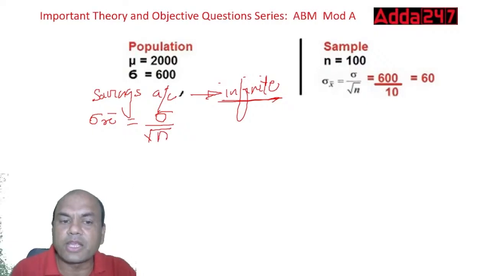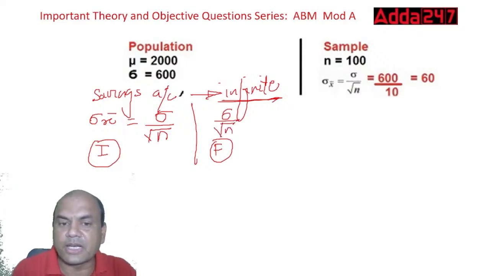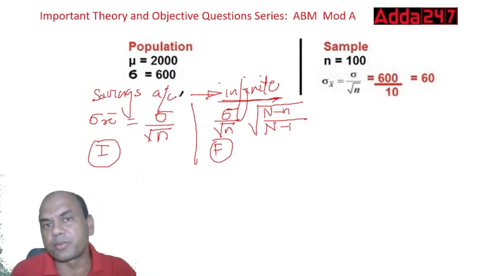That is the formula for infinite. And if it is a finite population, meaning a known population, 1 lakh savings accounts, 50,000 savings accounts, then it becomes the same, sigma upon root of n, where sigma means standard deviation, into the square root of capital N minus small n upon capital N minus 1. This is for a finite population.